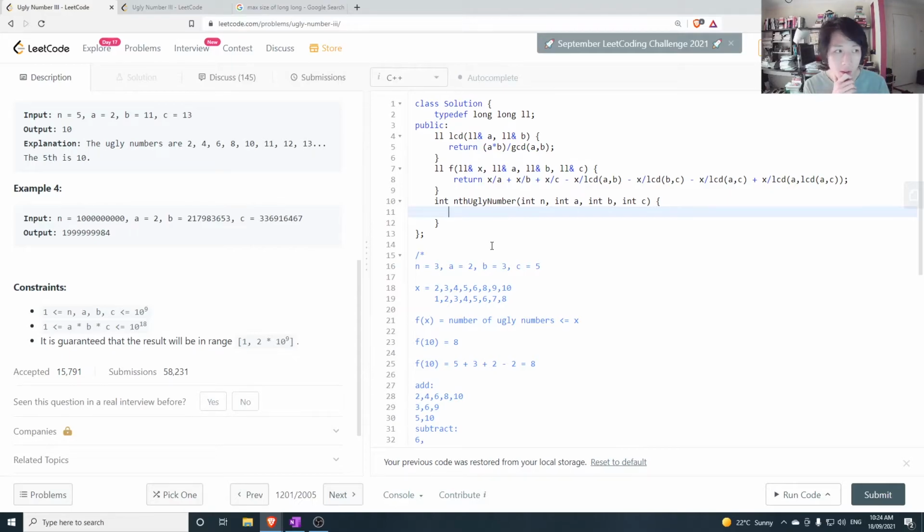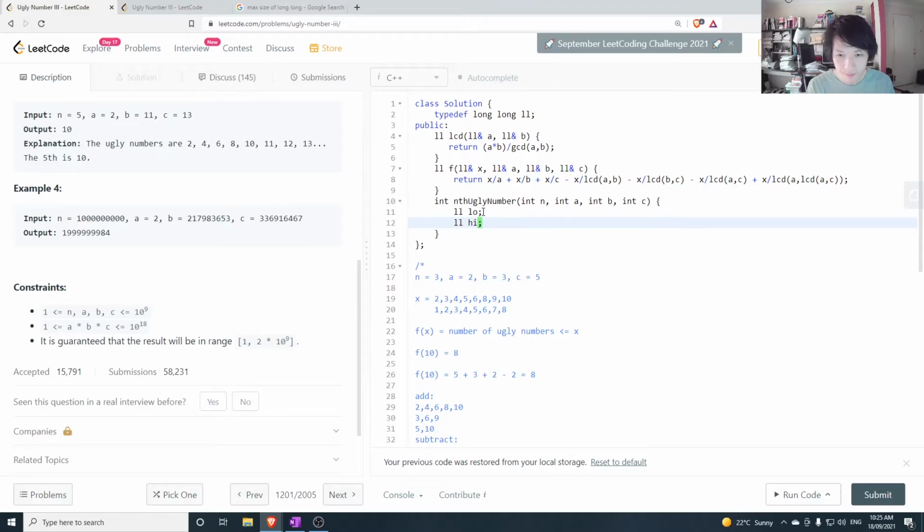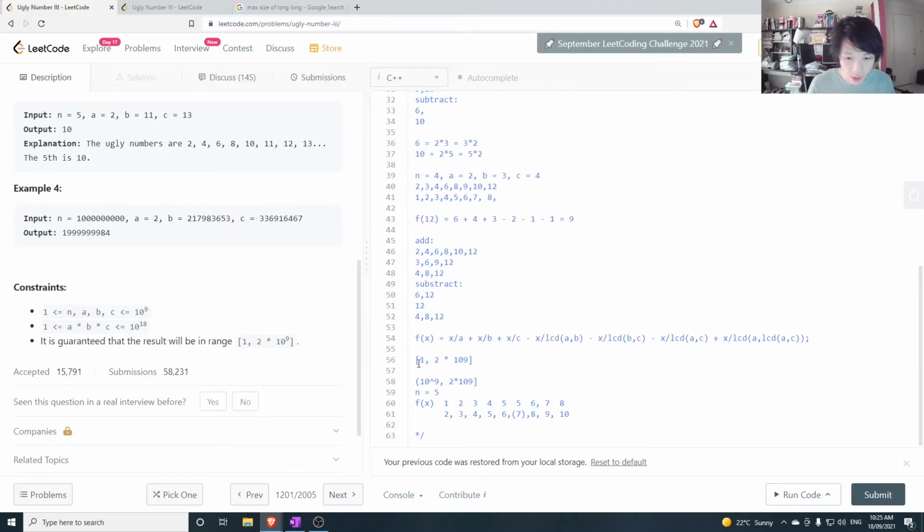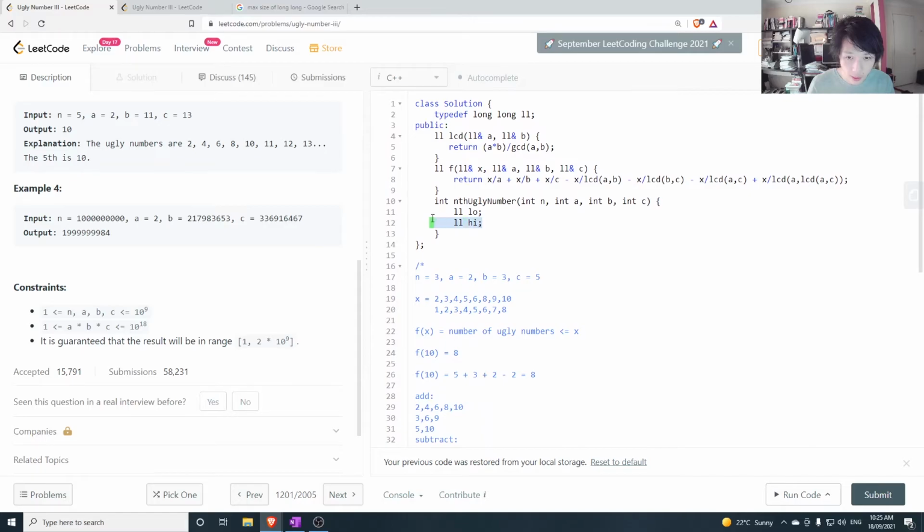The binary search that we're going to do is the easiest way I found. There are multiple ways to do it, but say LL low, which is the start of our range, and we also need a high, and we modify this range until they're next to each other, and then one of these would be the answer, because low and high search within the answer range directly.